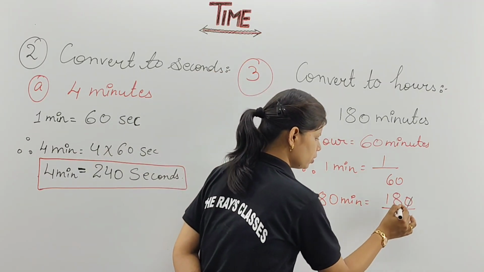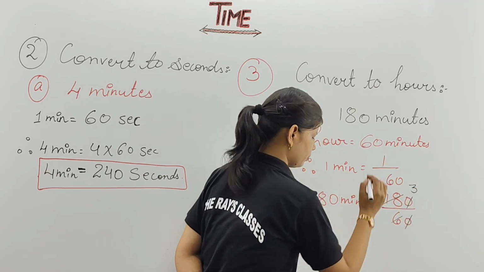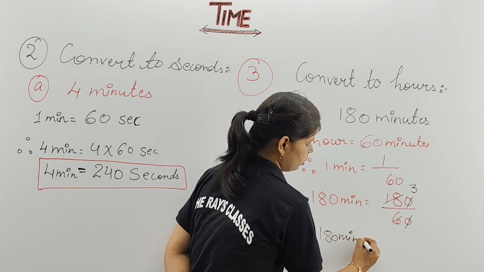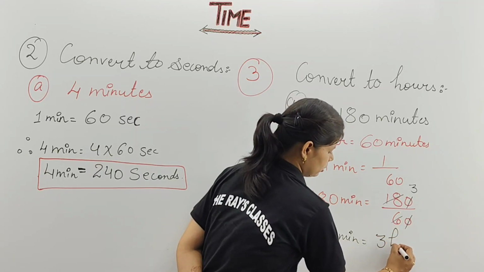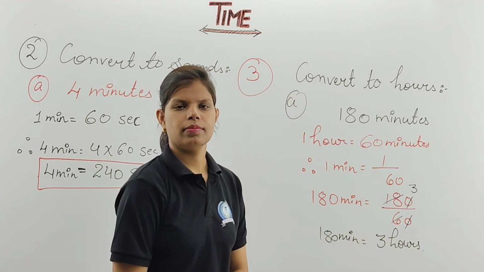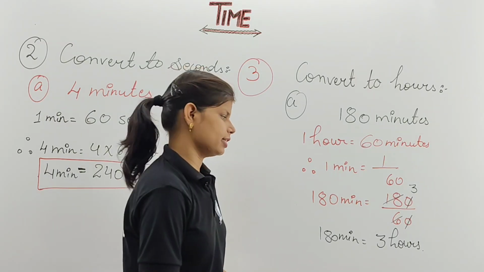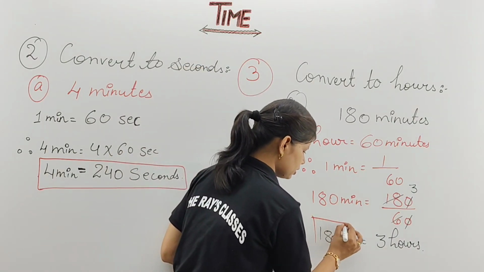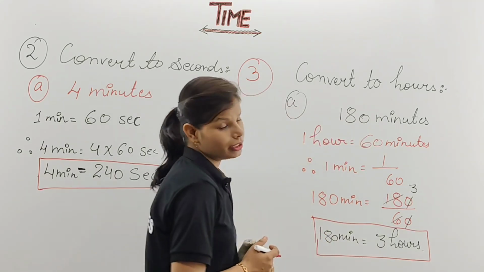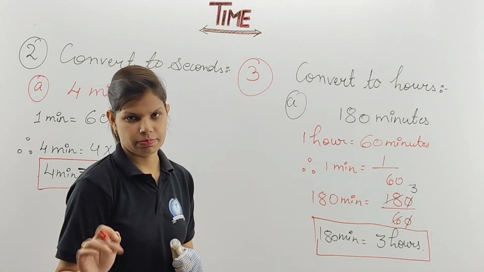So it is going to reduce to 3. That 180 minutes of yours will be equal to how many hours? 3 hours. So please note it down. Here we have used the operation division, that you know already. Smaller to bigger, divide; bigger to smaller, multiply.